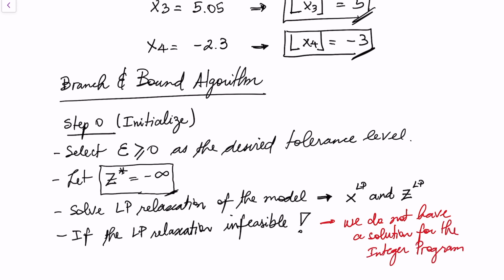When the LP relaxation is an infeasible problem, the integer programming is also infeasible and we can stop the algorithm. There is no solution for that integer programming model formulation.